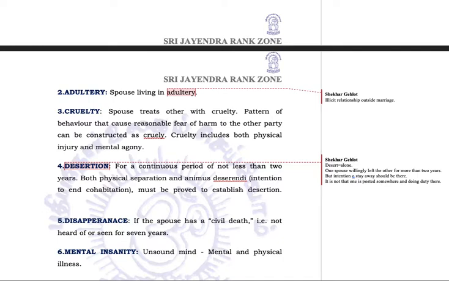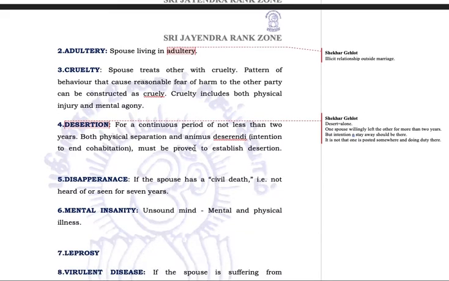That person boarded a train to go to Mumbai, but he did not get down at Mumbai, and we do not know where he got off. And it has been more than 7 years. Nobody has heard about him or seen him. Then this is a civil death. If someone has died a civil death, the other person can take divorce.